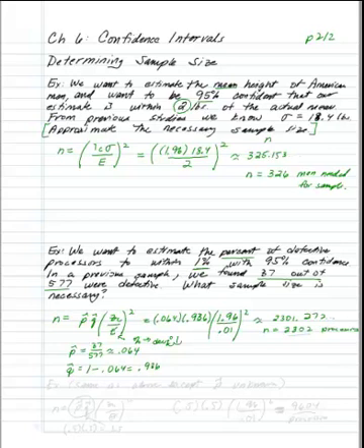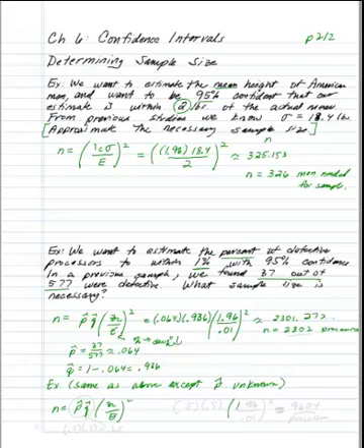Okay. Let's say though that we did not have any previous sample. Example, same as above, except p hat is unknown. We're doing this for the first time. Okay, we'd still use the same formula, right?